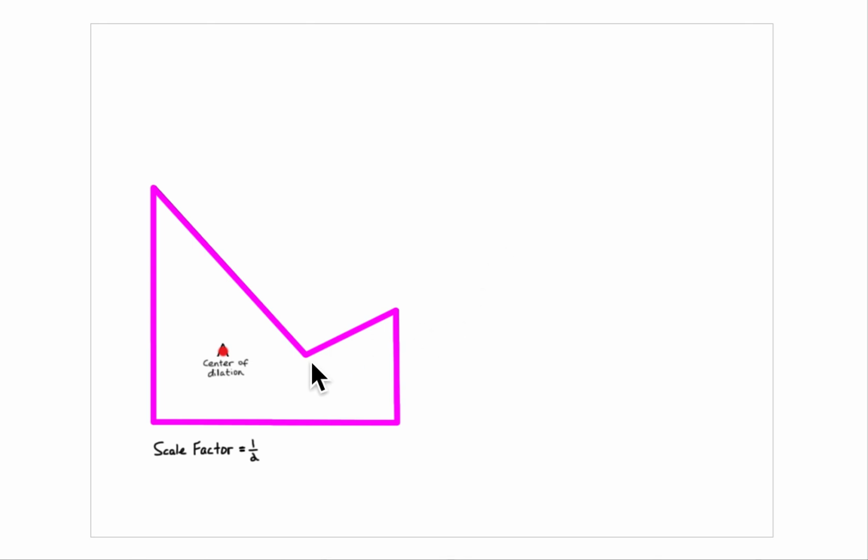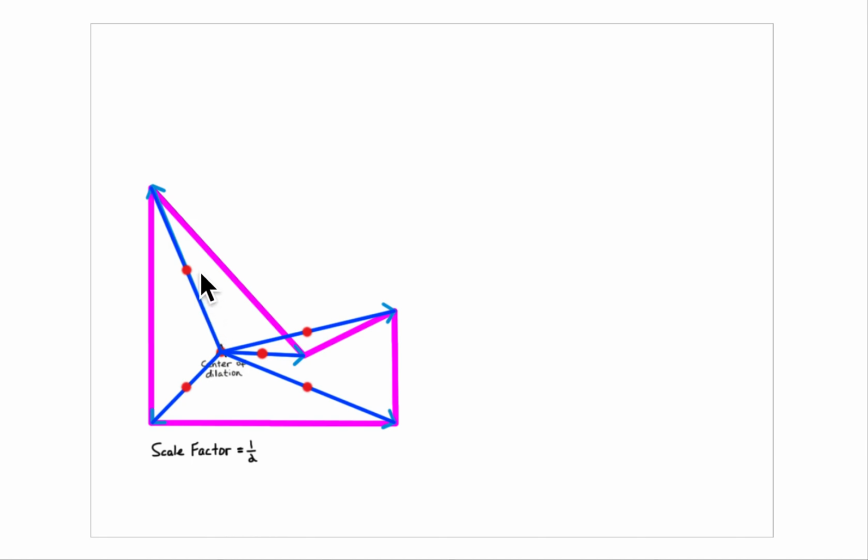And the last one is a dilation with a scale factor less than 1 and a translation. So I'm going to make that scale factor 1/2. And I'm going to put the center of dilation right there. You can put it anywhere you want. So I'm going to draw a line from the center of dilation through the vertex, and then you bring each of these points in halfway, half of that distance. So here are lines to each of the vertices, and then you place a point halfway, and that's where the vertices of your dilated image are going to end up.